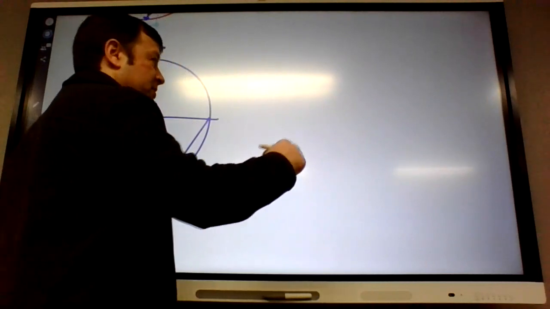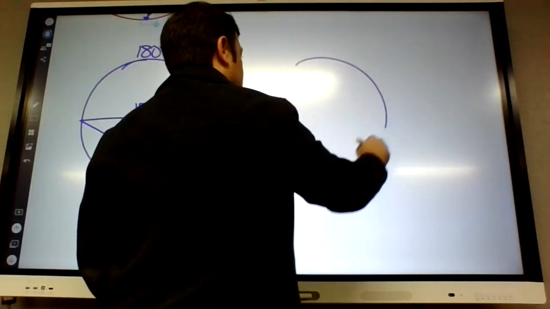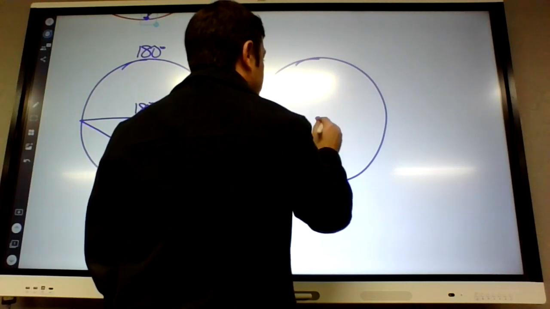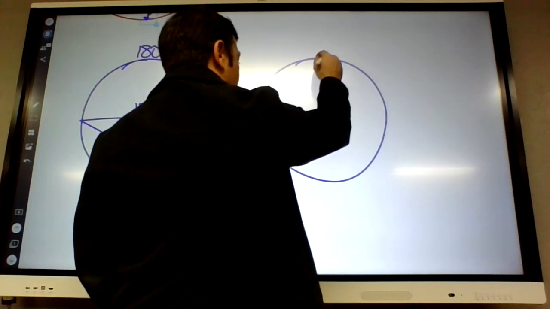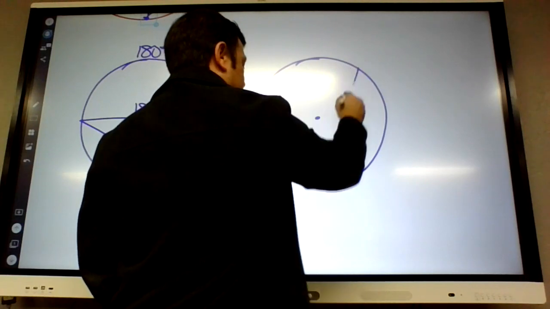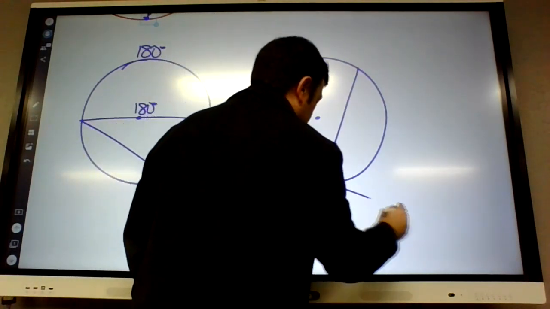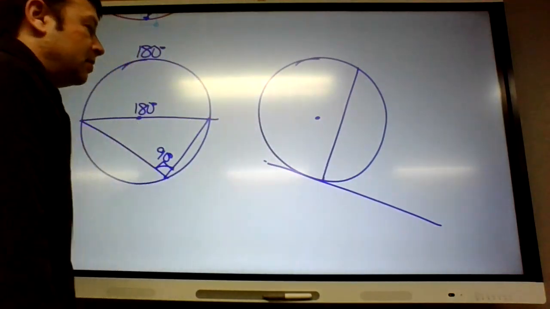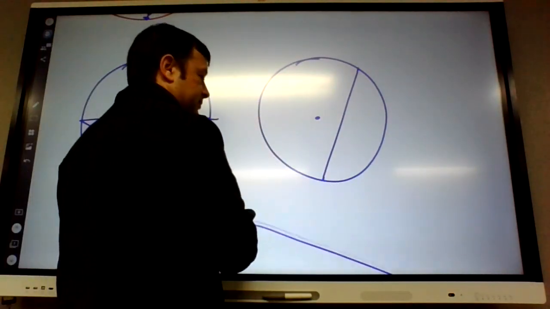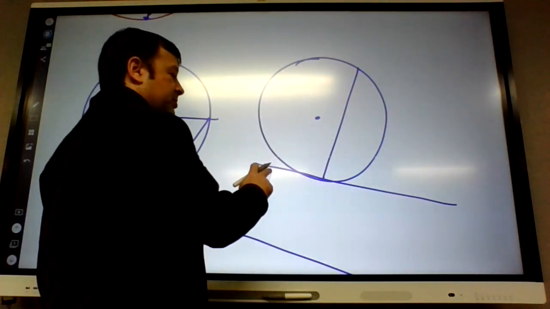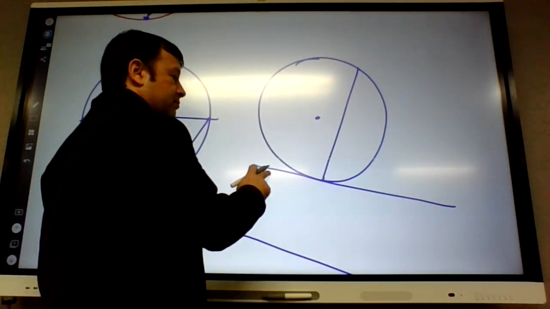I'm not 100% sure this is on today's, but I know it does come up later, so we'll go ahead and talk about it. Let me draw it over here. Okay, this is supposed to be a tangent line.